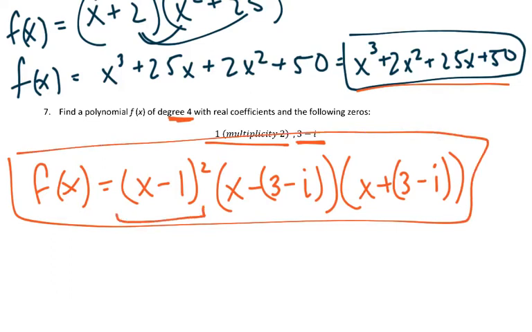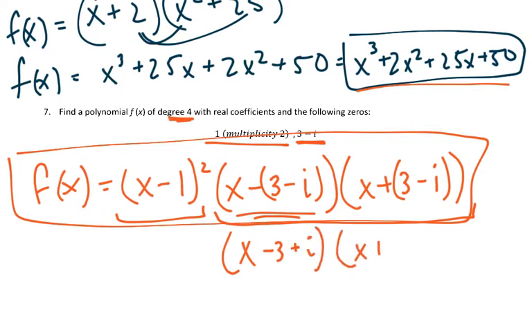Now, this is a binomial squared, which you know how to do, and based on our previous example, you should be able to multiply that out as well. Anyway, you could distribute these negatives into these polynomials. So I would have x minus 3 plus i, and for this one I would have x plus 3 minus i, because that wouldn't change their signs for that last one.